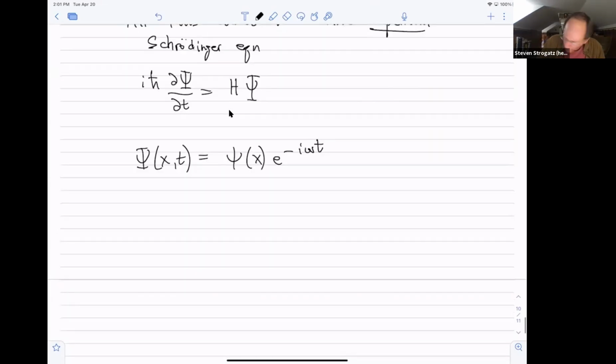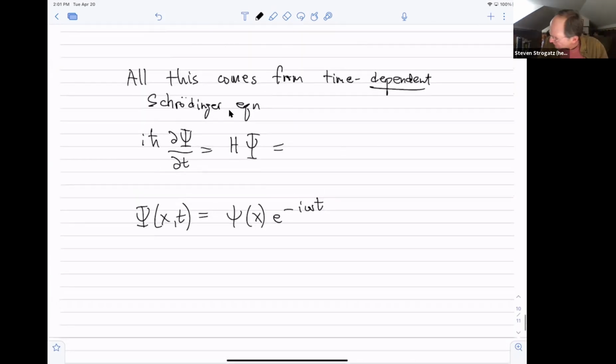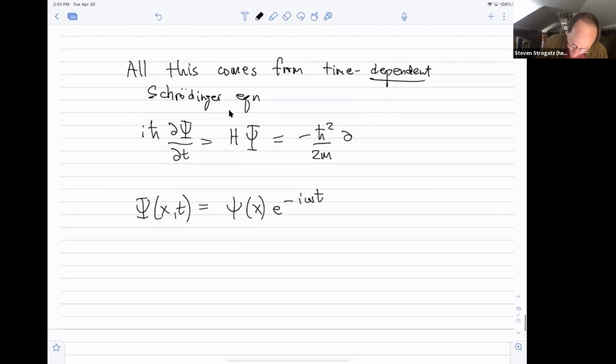The H here is operator notation: minus h bar squared over 2m, second derivative with respect to space, plus potential, times psi.